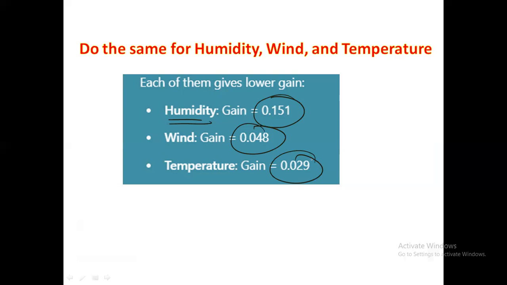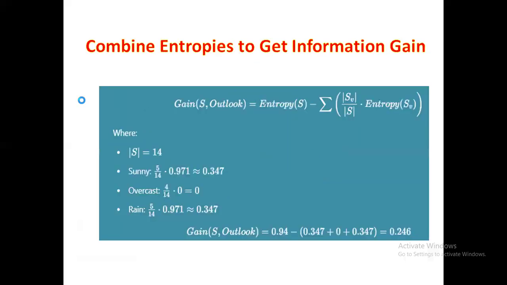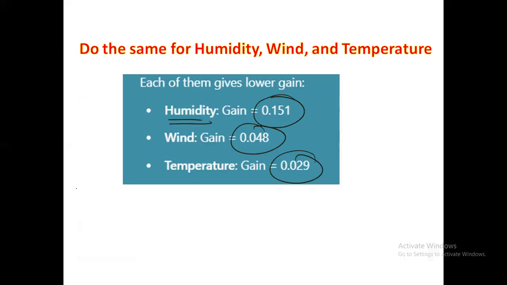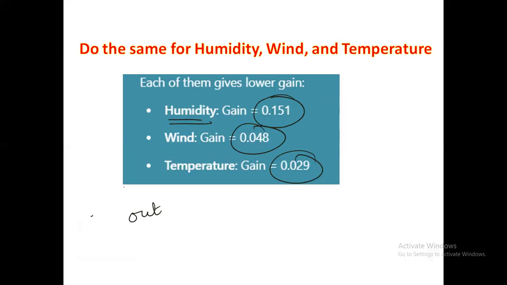Comparing all those four features, from Outlook we have got 0.246. So comparing all these four values, Outlook gives the maximum gain.